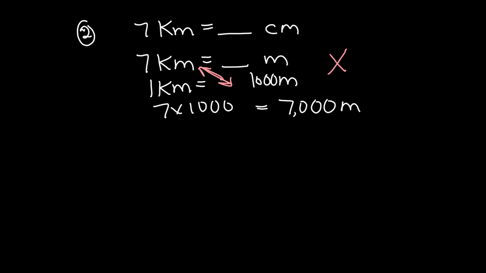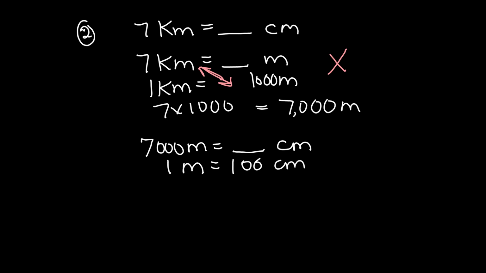I have not solved my problem though. I'm looking for centimeters. So I need to start another conversion. 7,000 meters is equal to how many centimeters? Well, I know that 1 meter is made up of 100 centimeters. So, looking at my numbers, they are diagonal from each other. So again, I'm multiplying, and I have 7,000 times 100.